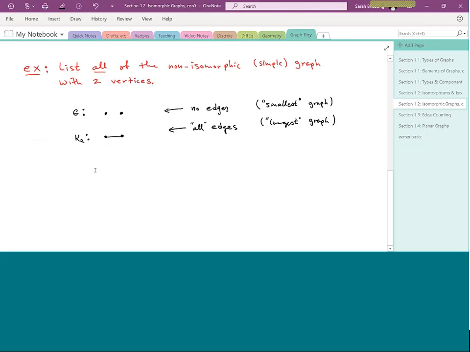So let me go ahead and write out the same question, but now with directed graphs. Here, I'm going to shorthand it. This one is, again, we want directed graphs, so digraphs, on two vertices. And again, we want them to be all non-isomorphic.